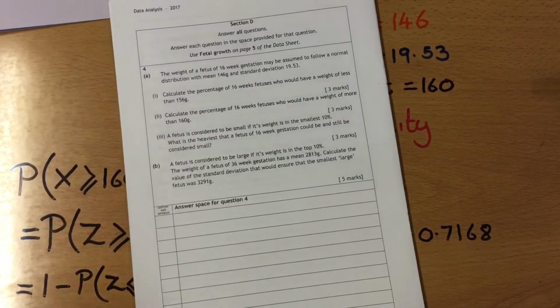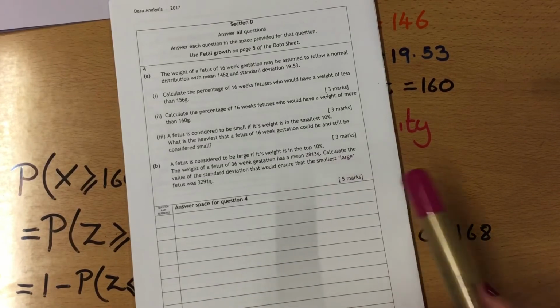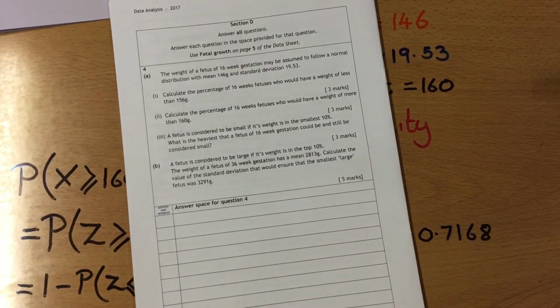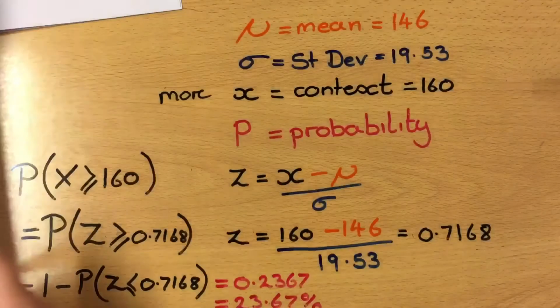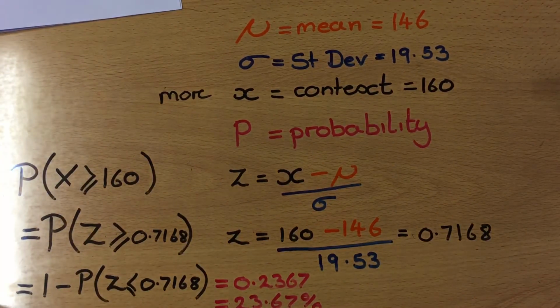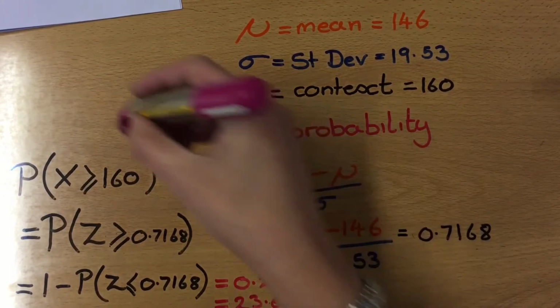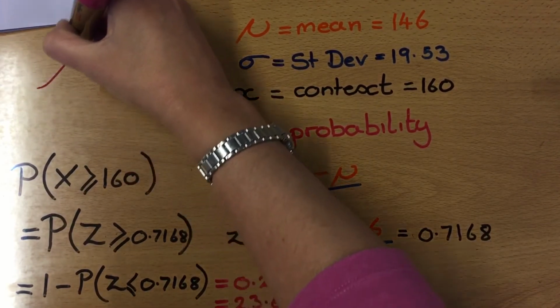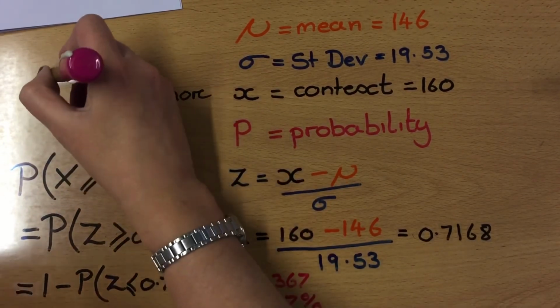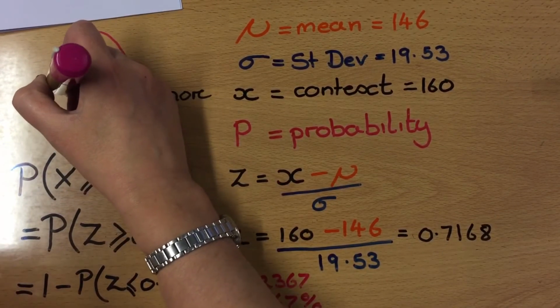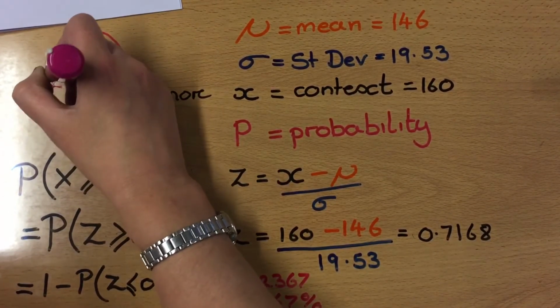So, part 3. Our fetus is considered to be small if its weight is in the smallest 10%. So, the smallest 10%, we've got a normal distribution that looks a bit like this. The smallest 10% would be this little section down here.